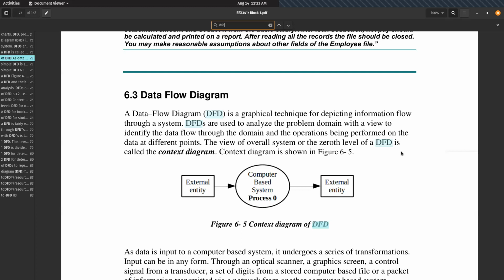Before you draw a data flow diagram, a complete document should be there about what is happening in the company or institute or somewhere.